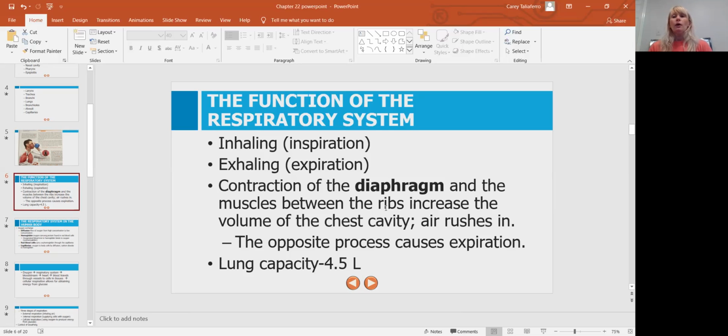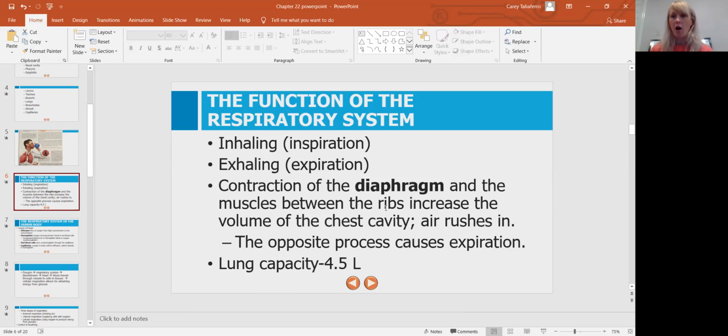If you take a really deep breath, like you're getting ready to jump into the pool, that gives you about a 3 liter expansion. And then the average is 1/2 liter in, 1/2 liter out, 1/2 liter in, 1/2 liter out. When you really force the air out, you can force out about 1 liter at a time.